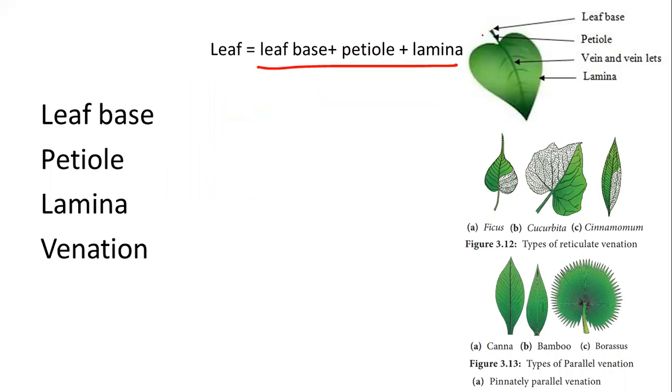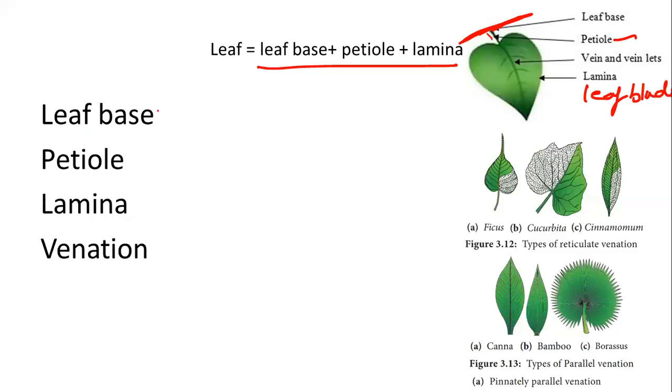You can see this is the leaf base, from there a small branch starts growing, and that is called the petiole, which emerges for the lamina. Lamina is nothing but the leaf blade.